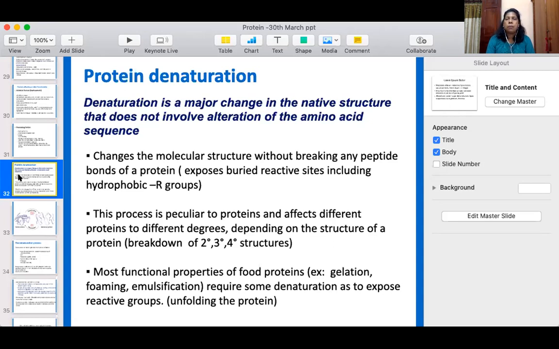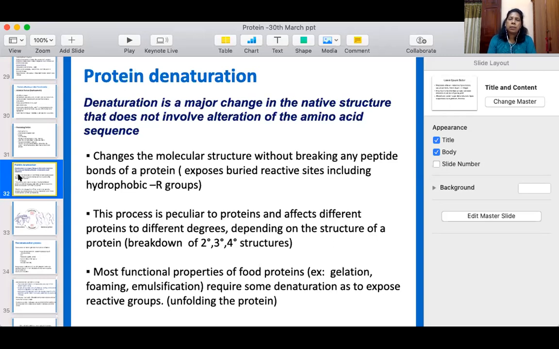No. If you put meat, can you see it like that? No. And if you put milk at the same heating temperature, can you see it? No. If you put plant protein, let's say soy, you can't see it. Therefore, this process is peculiar to proteins and affects different proteins to different degrees.